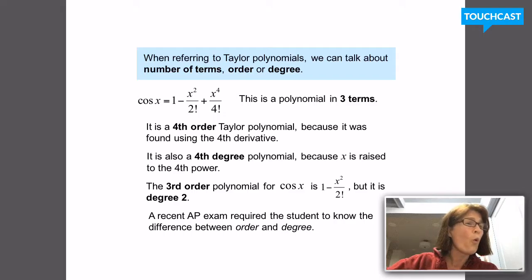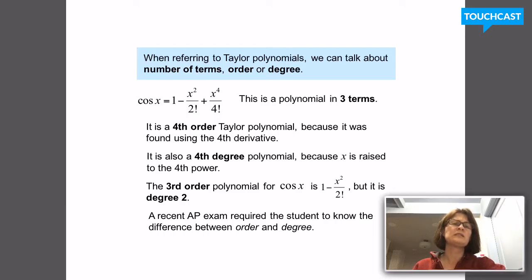The 4th order polynomial, just for example, is the polynomial with enough terms to go up to the term where you had to use the fourth derivative to figure out the coefficient. The fourth degree polynomial is the polynomial that goes up to the x to the fourth term.